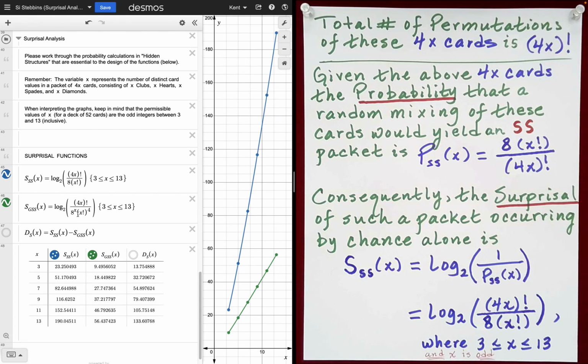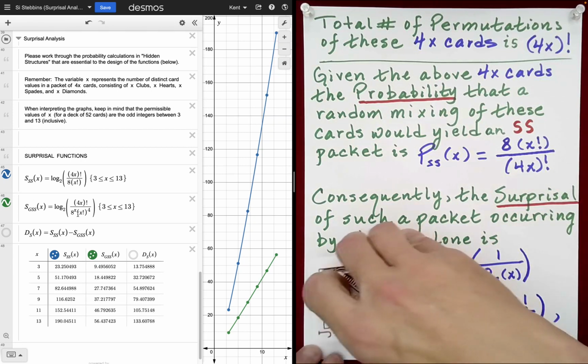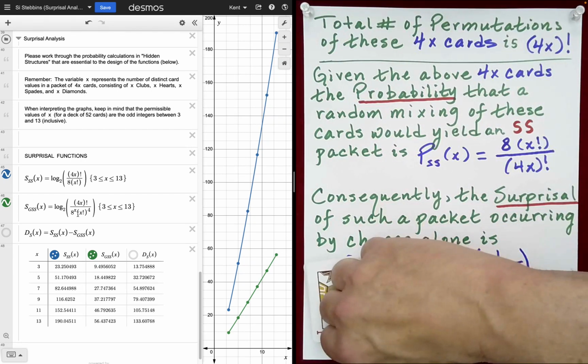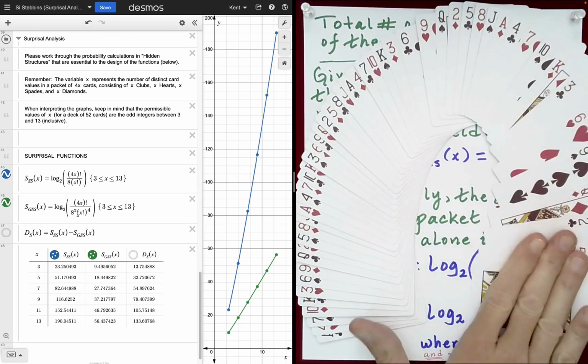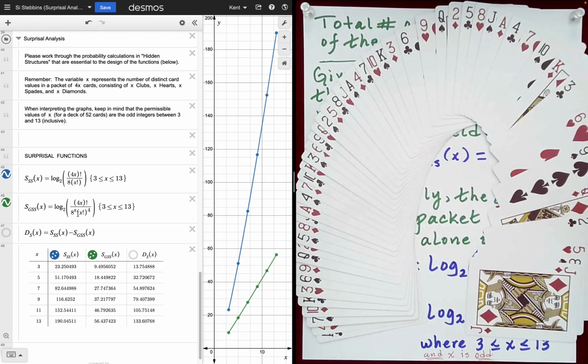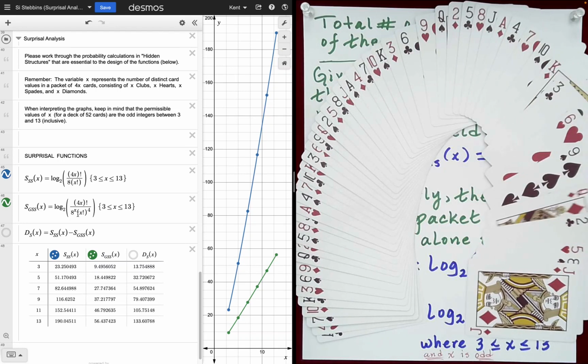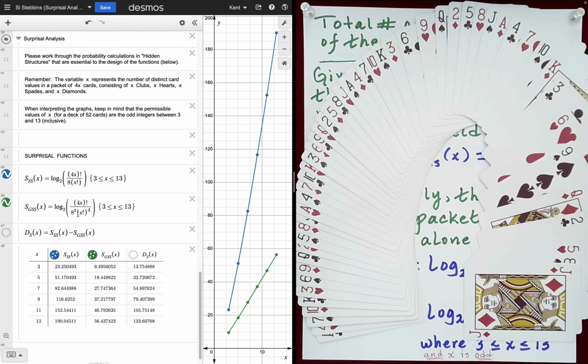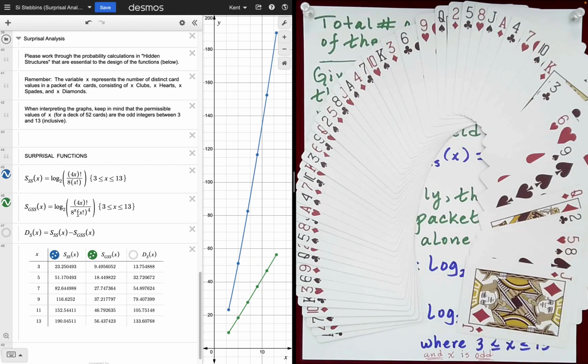Okay, so let's go ahead, and I have a deck that is actually set up as a Si Stebbins arrangement of the cards. Now I do want to point out that elsewhere on my channel, I have videos that show you how to set up a Si Stebbins arrangement of the entire deck of cards.